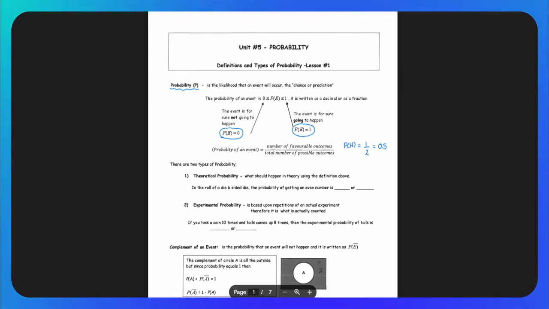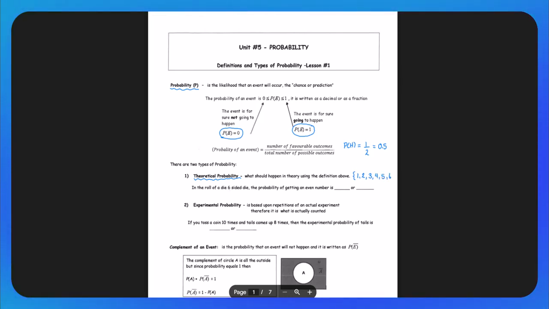Now, there are 2 types of probabilities. There's what's called the theoretical probability, and that's what we do in theory. It's the theoretical definition by that formula here. For example, in the roll of a die that has 6 sides, what is the probability of getting an even number? Well, the total possible outcomes of rolling a 6-sided die are the numbers 1, 2, 3, 4, 5, and 6.